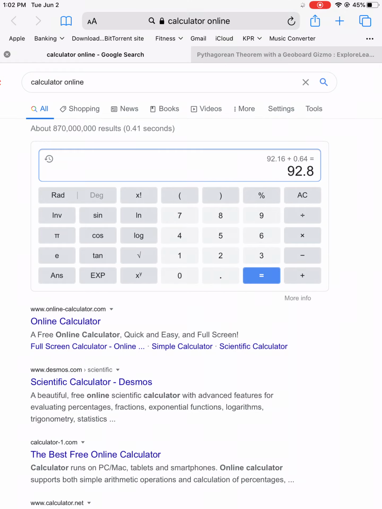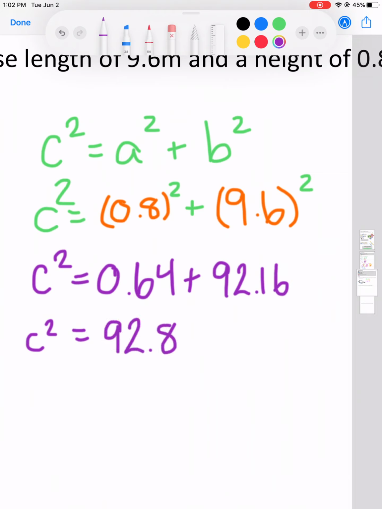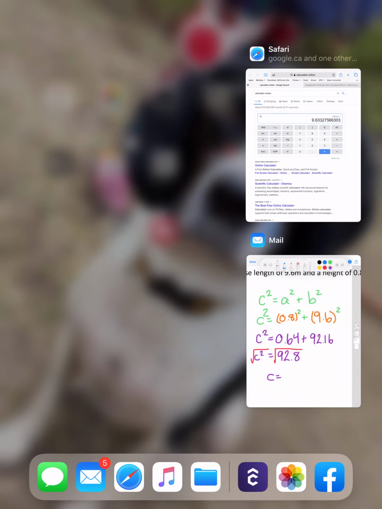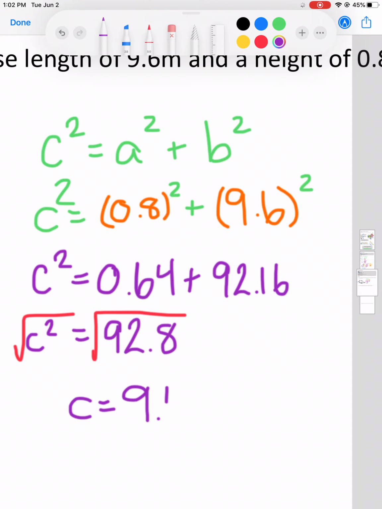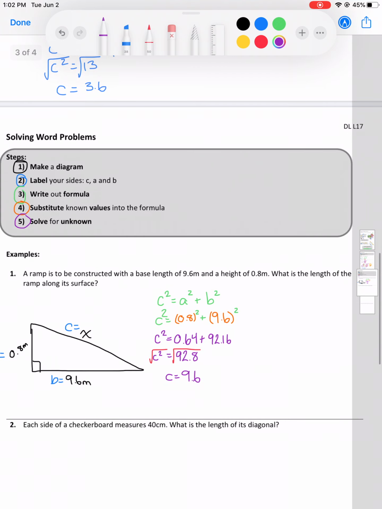Add the two together: 92.8. Square root of the answer, because it's my most previous answer, is 9.6. So it's meters. Same length. Huh, look at that. Pretty much the same length as the base.